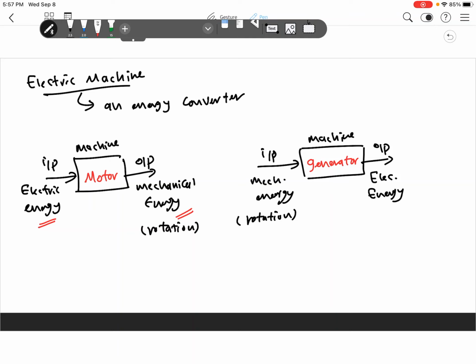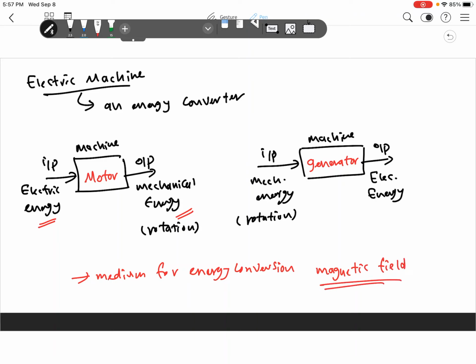In both of those machines, the medium for this energy conversion is your faithful friend throughout the course, the magnetic field.